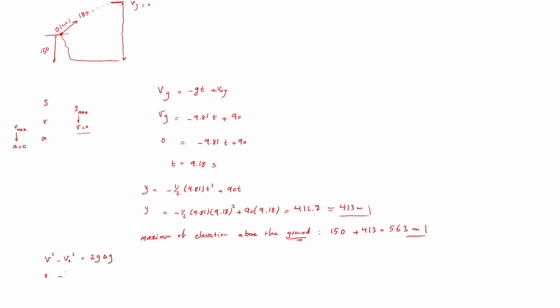What is the initial velocity of the projectile in the y direction? It is 90 squared, and the gravity is minus 9.81 times delta y, or y, no matter. When we solve this, delta y or y is 413 meters.